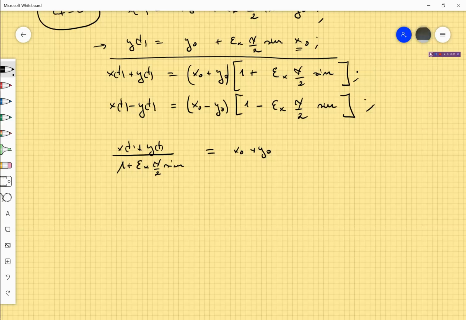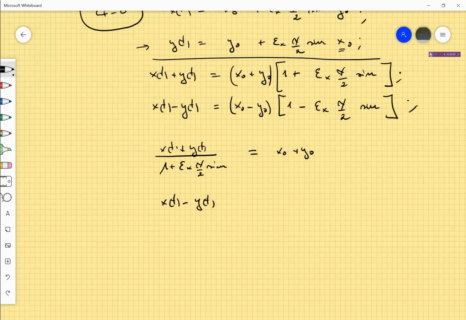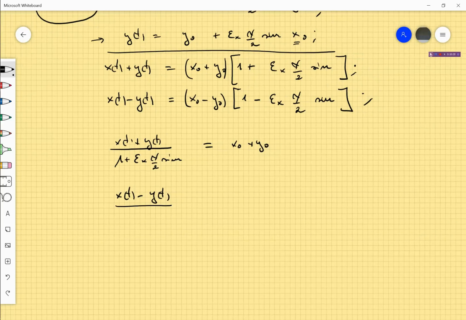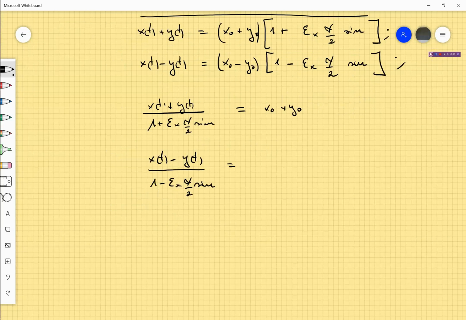And this divided by 1 minus epsilon x chi over 2 and this sine is equal to x0 minus y0. We do the same as before.